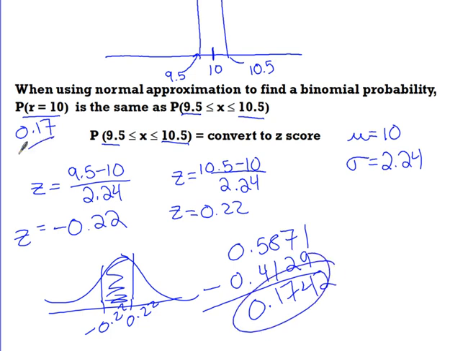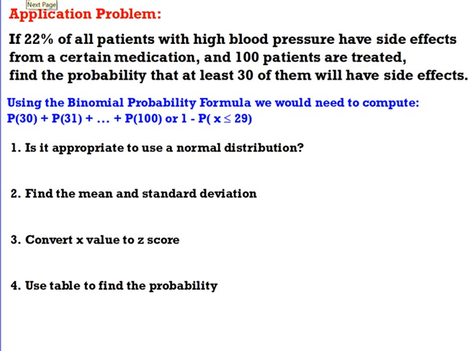Okay? If you're thinking, well, why don't I just do the formula for this every single time? The reason is if you get an extremely large number of possibilities, you don't want to go and do that. So in here, we've got 22% of all patients with high blood pressure have side effects from a certain medication, and 100 patients. So that means that n is going to be equal to 100.